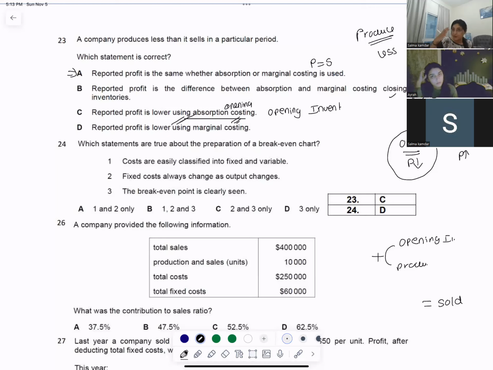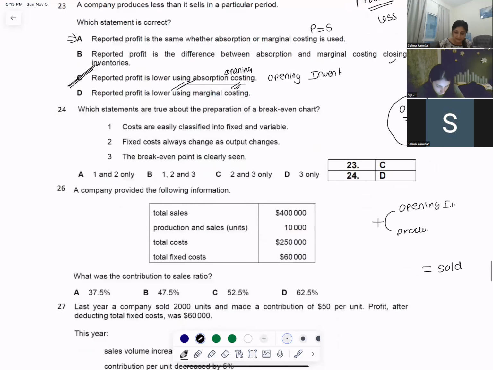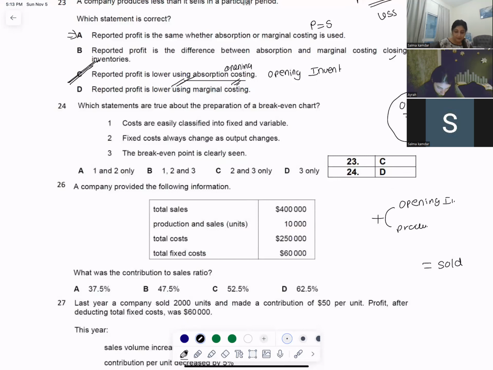You produced less and you sold more. If you've sold more than production, that means you must have an opening inventory. Only then you can sell more, right? So it'll be this option only.